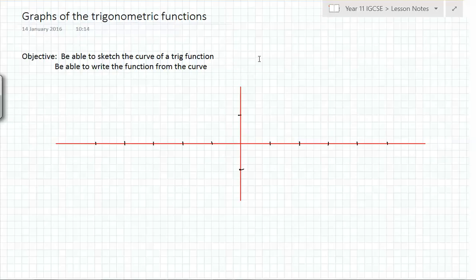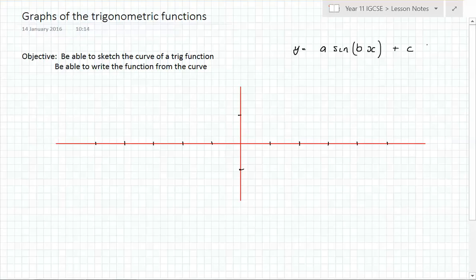Right, so the general form of a trig function would be y equals, or f(x) equals, a sine or cosine, a sine(bx), so I'll put that in brackets, plus c, which is all you're going to need to worry about. So a couple of things that you're going to have to be able to do.